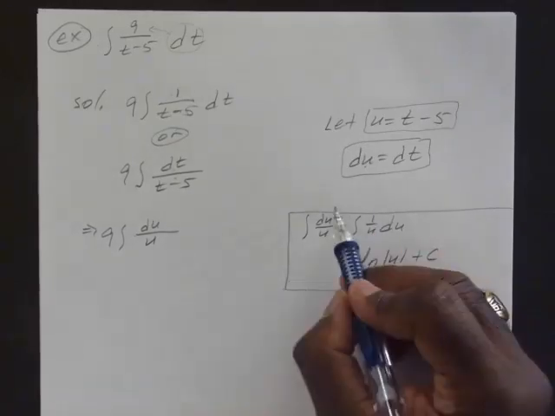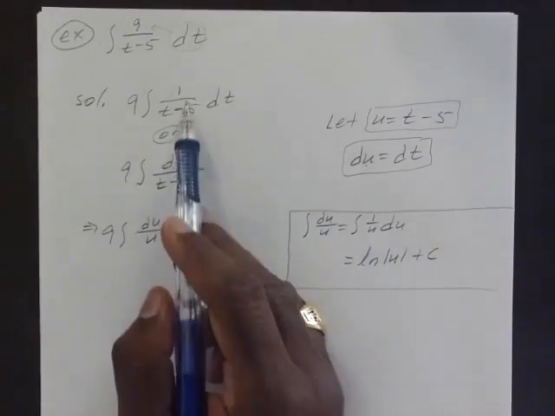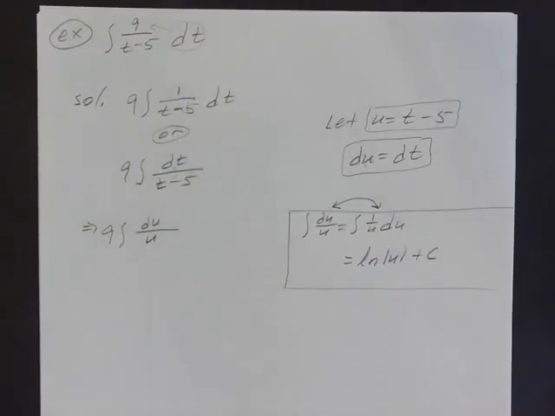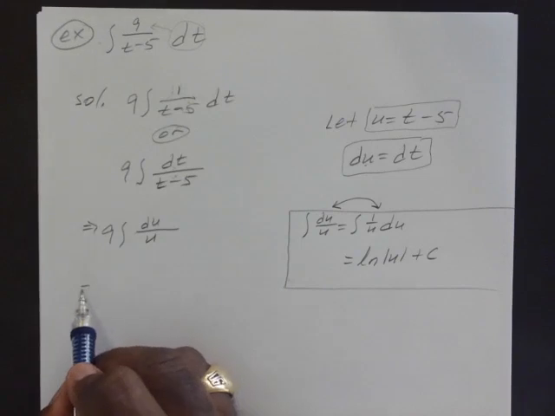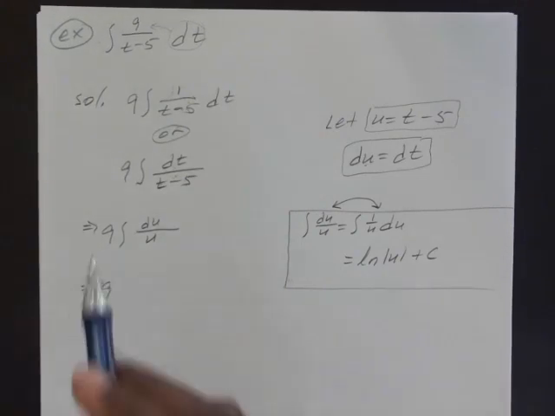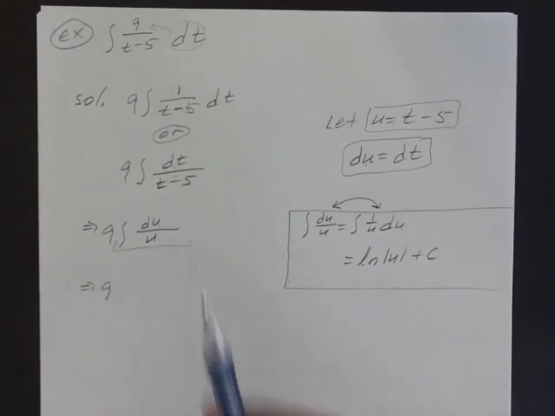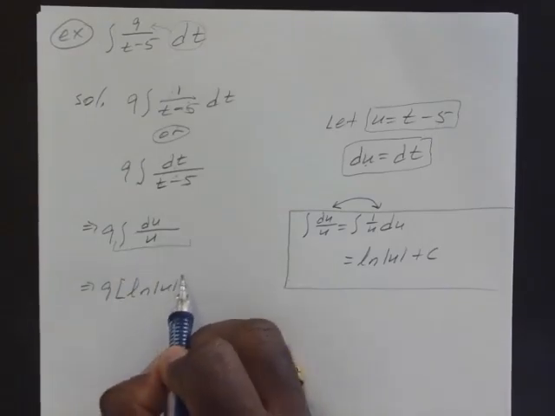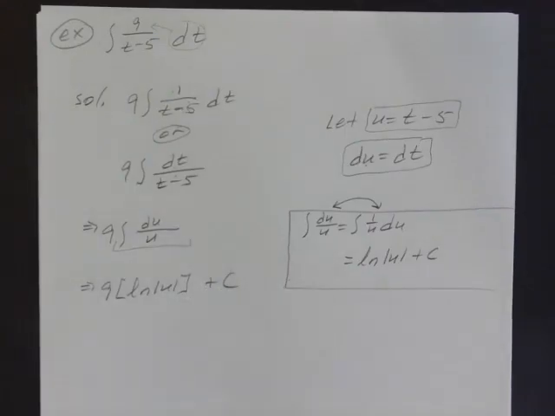Okay, so up here, I just rewrote it in both of the forms that I wrote this problem in. So depending on which form you want to keep it in, they're both the same. Okay, so this will just become 9, and the integral of du over u will just become the natural log of u plus c.